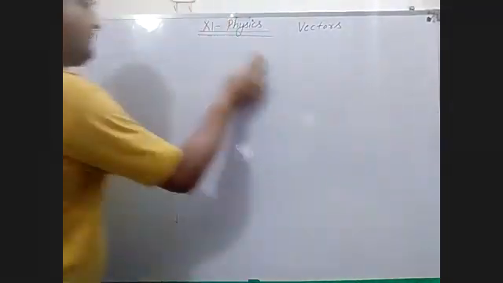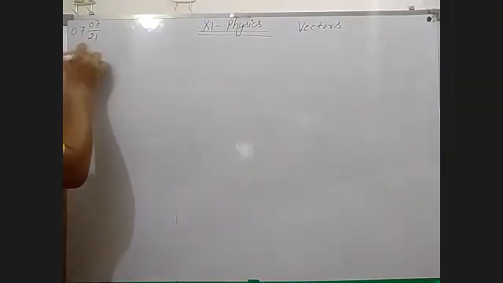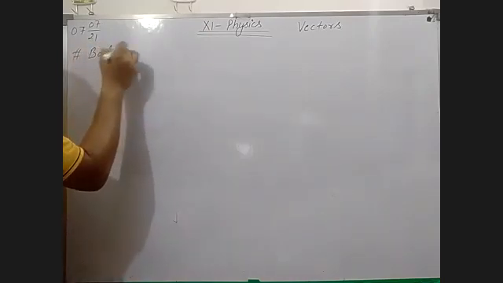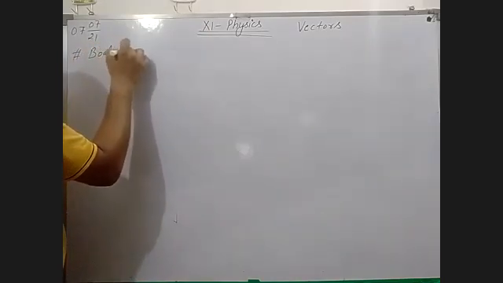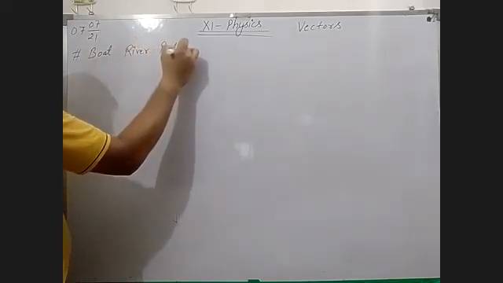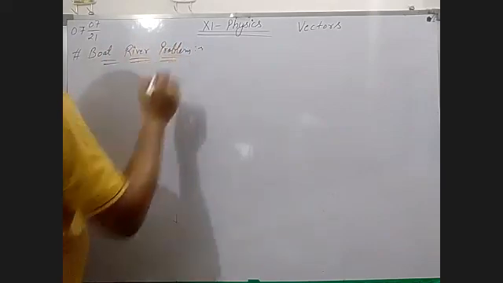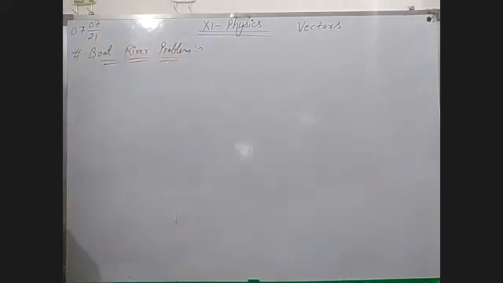Now let's see a condition by this numerical. A river is 500 meters wide.